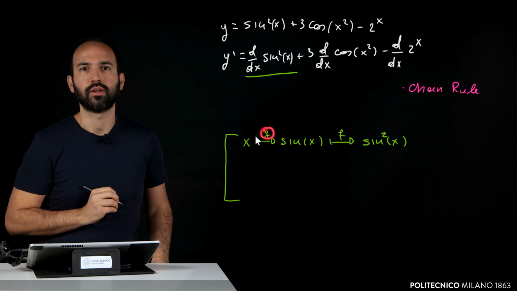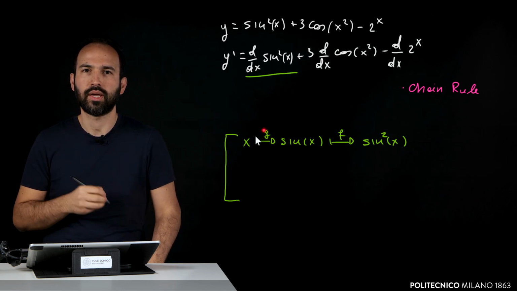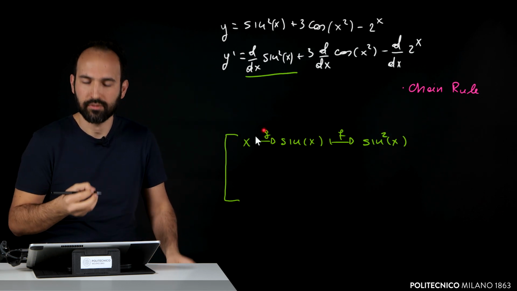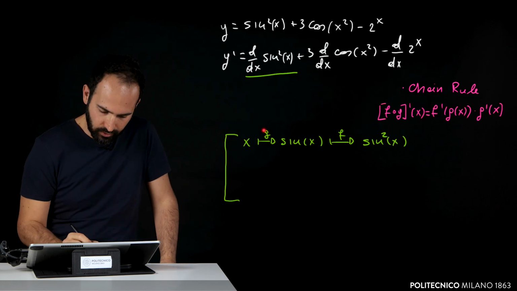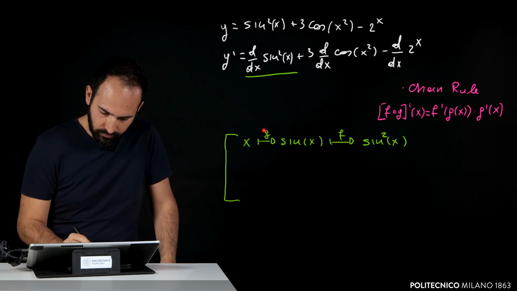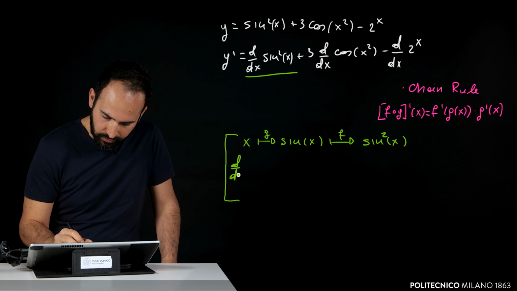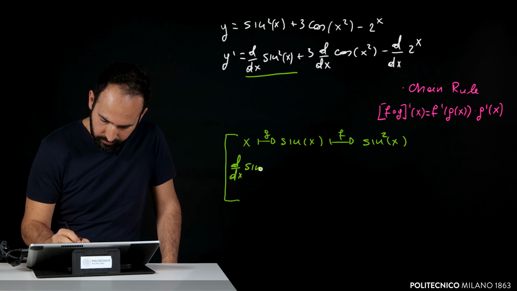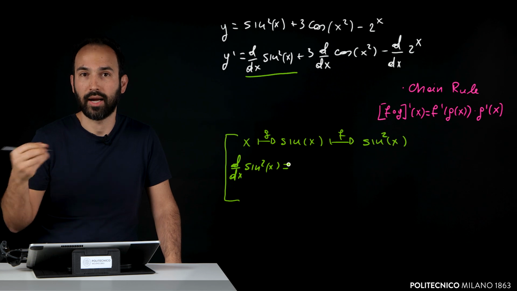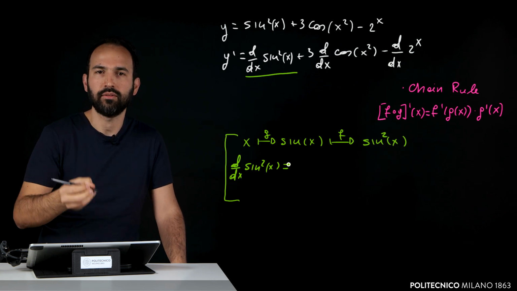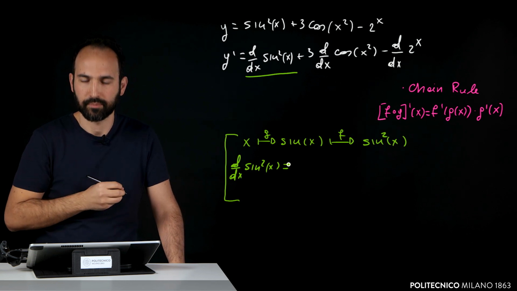Let's call g the inner function. We can therefore calculate the derivative with the chain rule. The derivative of sine square of x is equal to g prime times the derivative of the power evaluated in g.